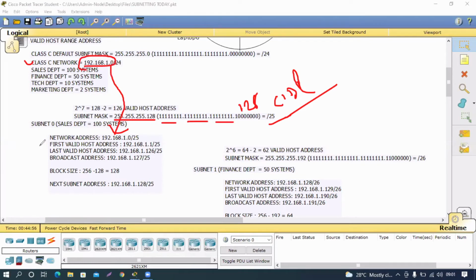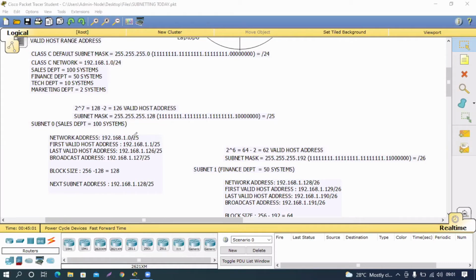To find the first host address, always increment the last octet of the network address by 1. So the last octet plus 1 gives you 1. Can you see the same thing over here? It is 128, right? 128 plus 1 is 129.